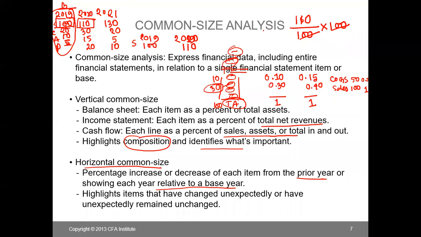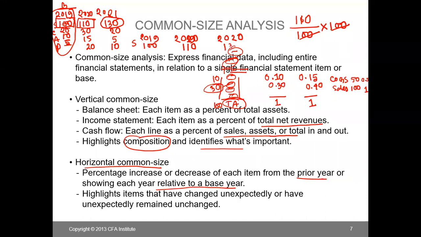Is it 110%? Yes, sir. Okay, so in this way, you will proceed. Similarly, 2021 sales of 130 is 130% of the 2019 sales.